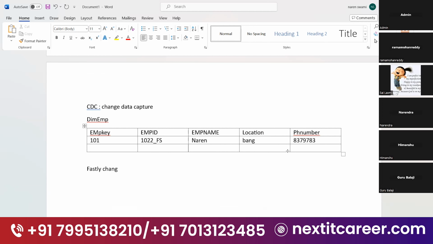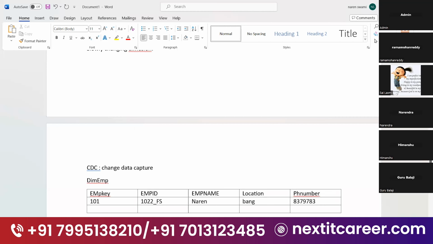In some cases there will be frequently changing descriptive columns, within 1 hour or 2 hours or 3 hours, a lot of changes in a day for particular descriptive columns. In that case, how the data warehouse will be developed, we will see in the fast changing dimension. Clear? Fine.